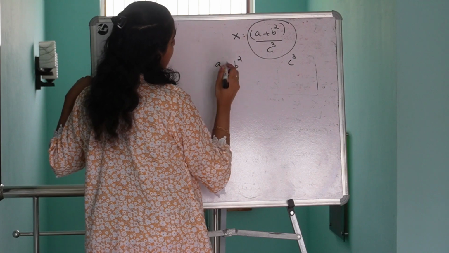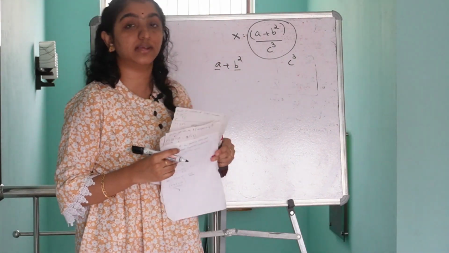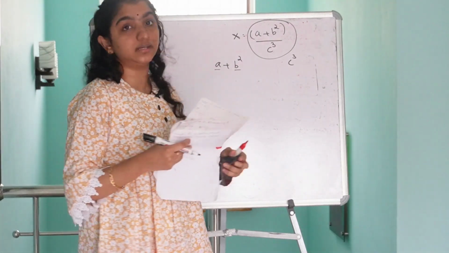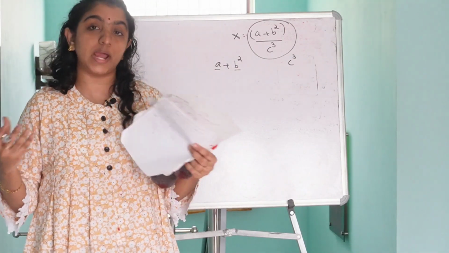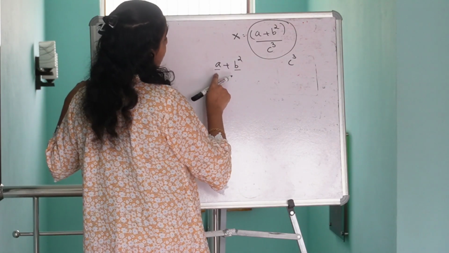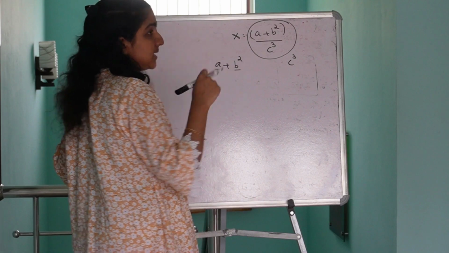Here I can see that I have individual terms having powers, and then we are adding those two physical quantities. So how can you find the relative error in individual terms having power?